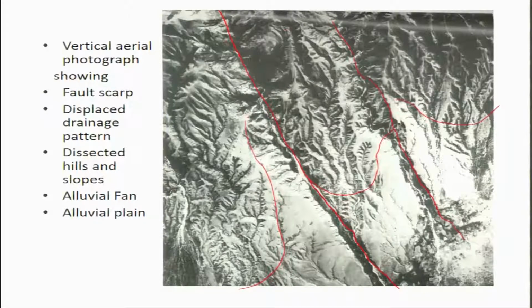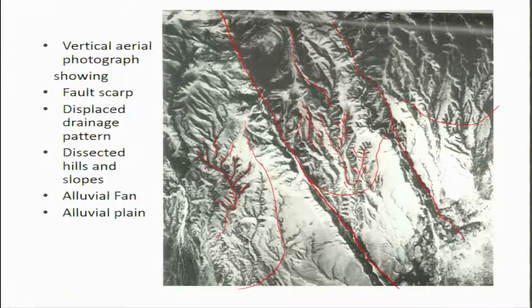Here you can easily identify that there are streams showing dendritic patterns. I don't need to explain it because I have already explained it in the last lectures. Dendritic drainage patterns on this side and on this side also, a very clear cut tree like branching and radiating feature.